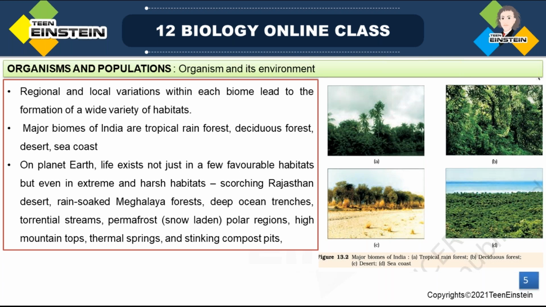In one place it will be raining, and in another place there won't be any rain. Then regional differences: one place will be near sea level, and another place won't be. So there will be climatic variations and regional variations.